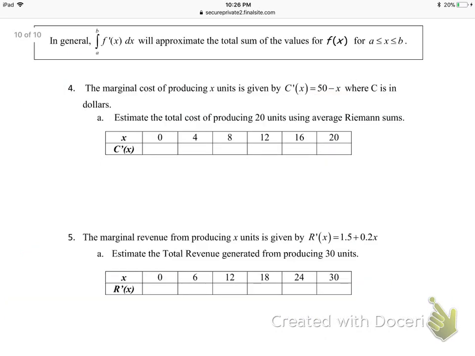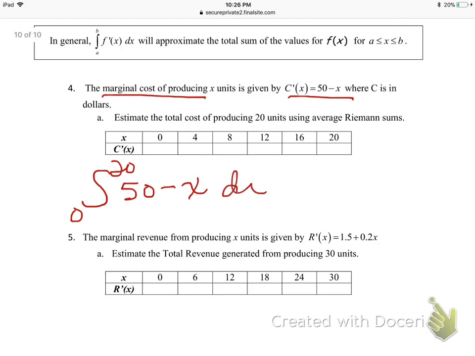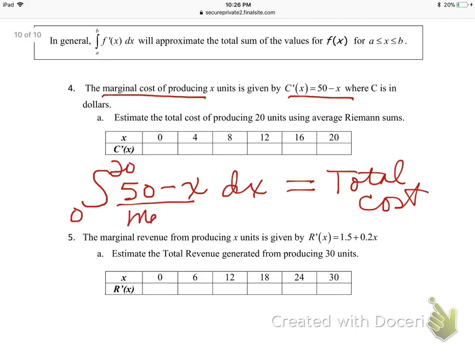Alright, on this page, the important takeaways are these. If I give you marginal cost for your function, that's going to be your integrand. So if you integrate marginal cost, which is 50 minus x, between 0 and 20, and I say dx, you will get back total cost, because this integrand is marginal cost.